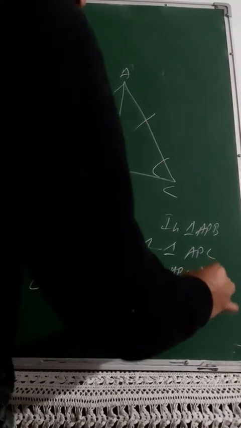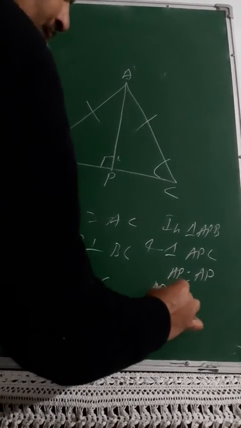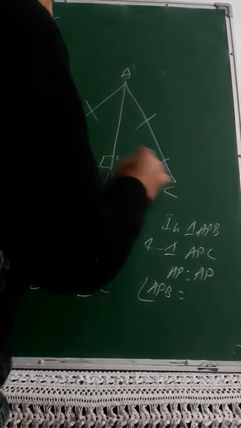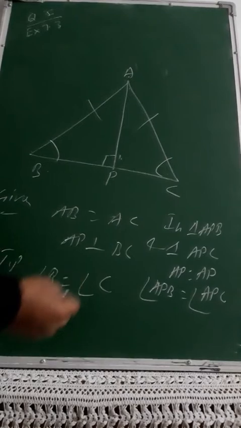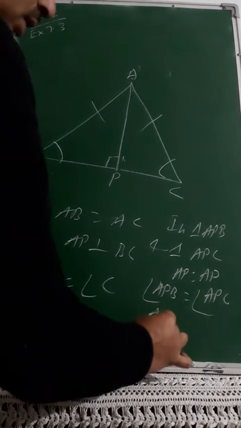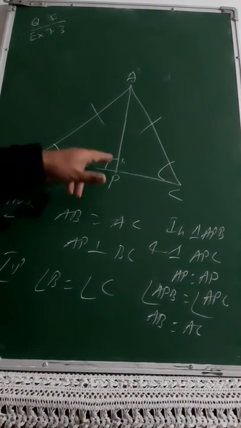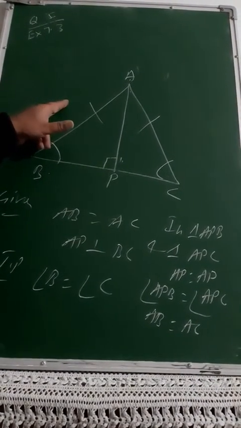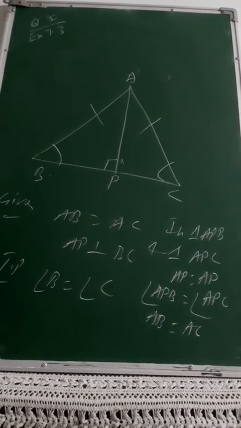AP is equal to AP, common. Angle APB is equal to angle APC, right angle, and this is given to you. AB is equal to AC is also given. So now this is the right angle given, this is the hypotenuse and this is the side. So by RHS, both the triangles are congruent.